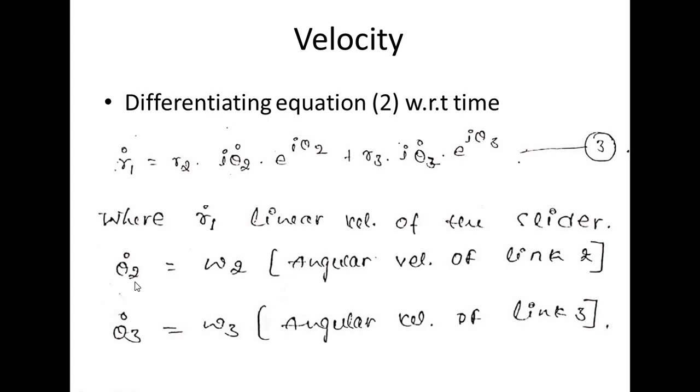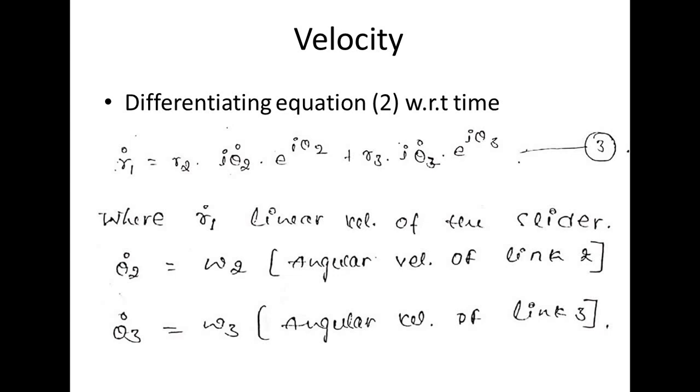So theta 2 dot is equal to omega 2, the angular velocity of link number 2, and theta 3 dot is omega 3, d theta 3 divided by dt, the angular velocity of link 3, which is the connecting rod.